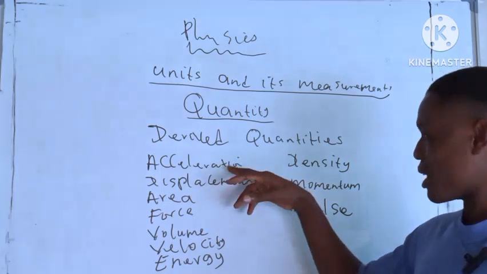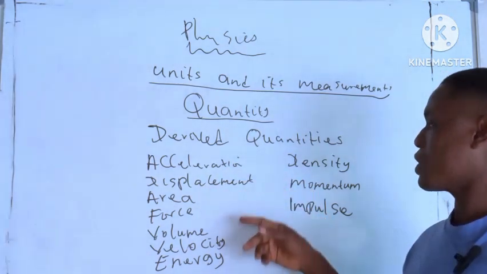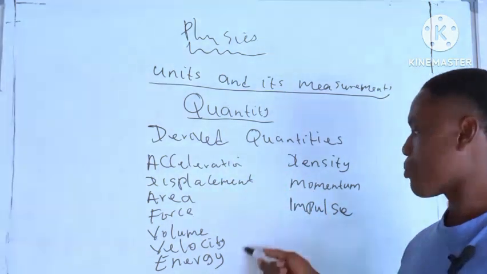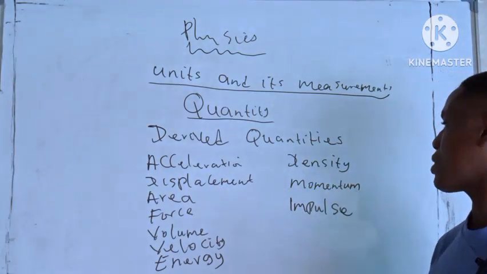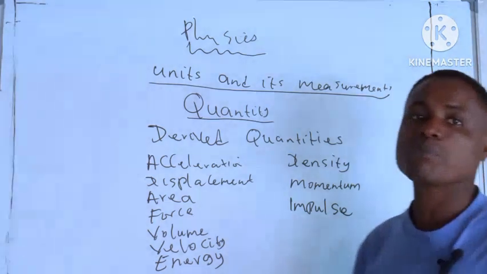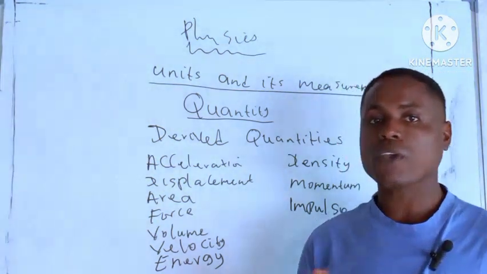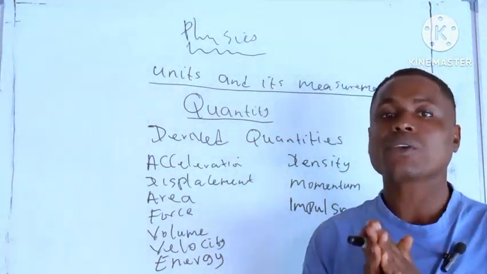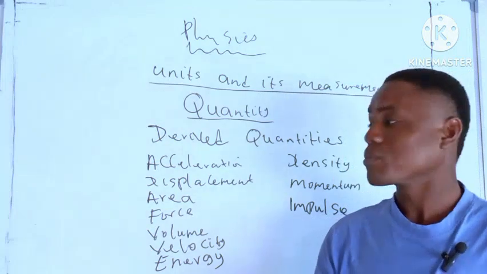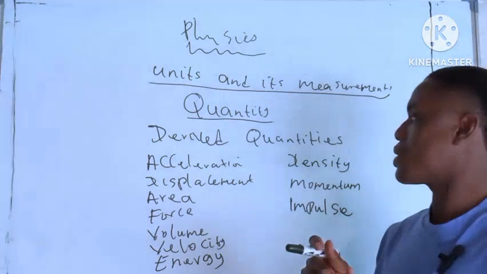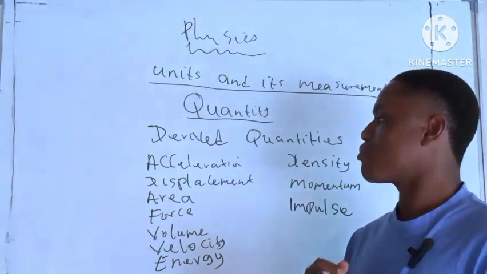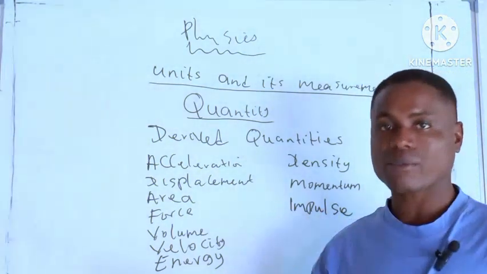Which are they? Acceleration, displacement, area, force, volume, velocity, energy, density, momentum, impulse, etc. There are very many. So that's why in most of the questions you will see, they will set it in this form: which of the following is a derived quantity?